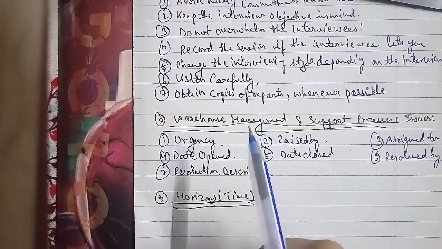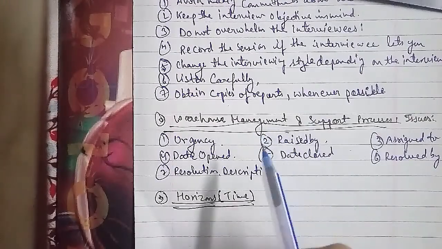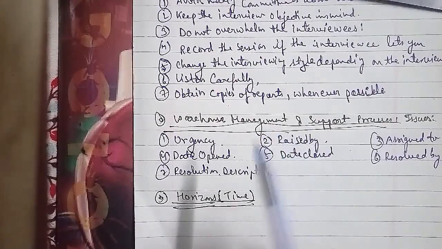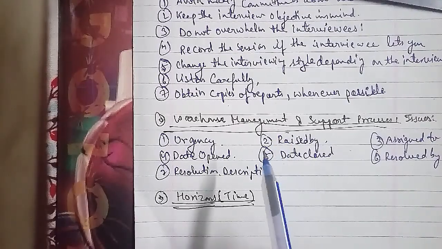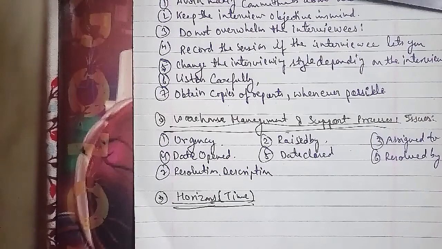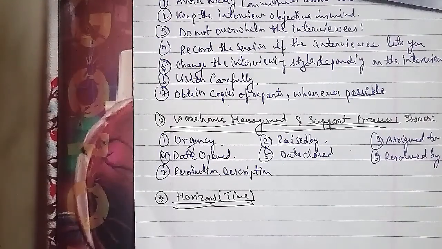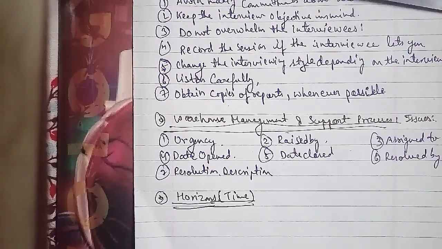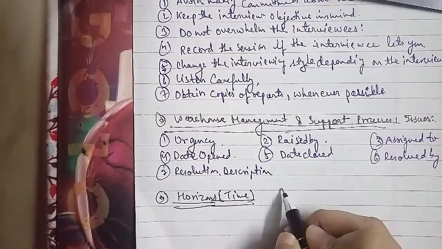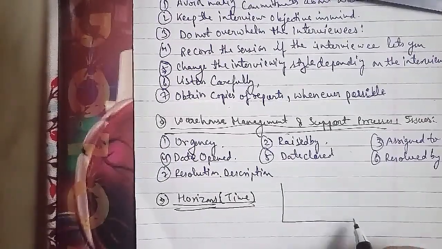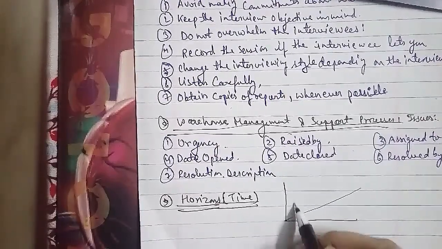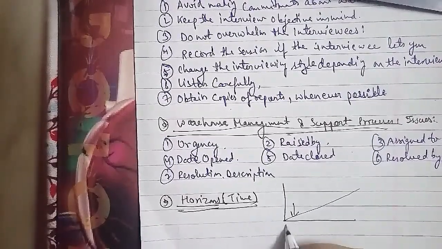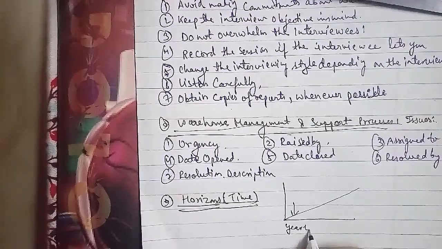This has been presented in the form of a graph going from down to up. This is for year 1, and then year 2, year 3, year 4, and year 5.